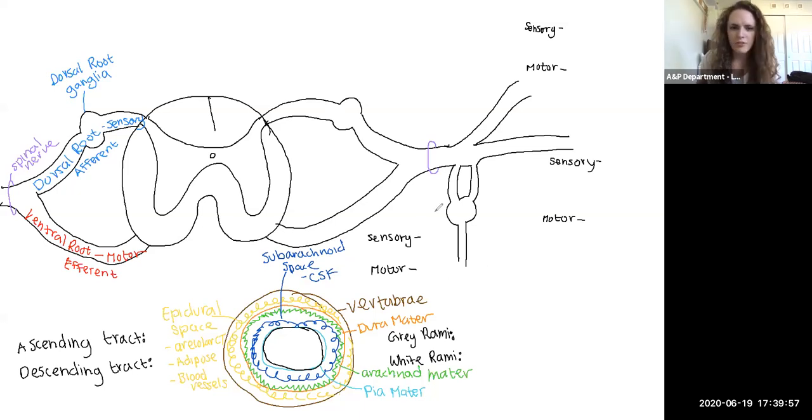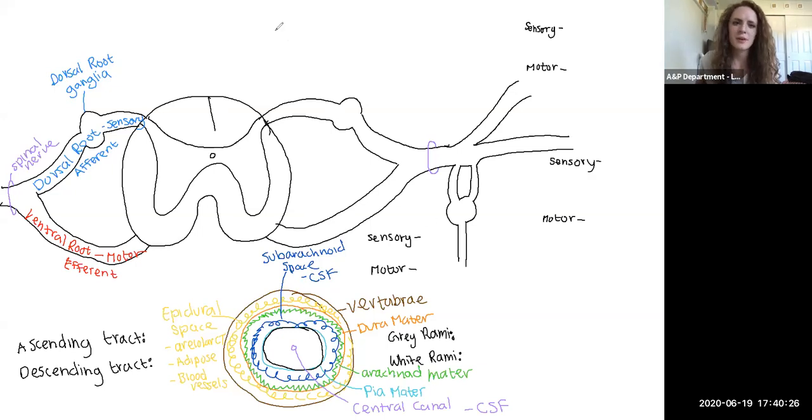Okay, and then your last place you need to know on your layers is in the very middle of your spinal cord. You can see up here, it's got a little hole. That's called your central canal. Your central canal. And this also has cerebral spinal fluid inside of it.